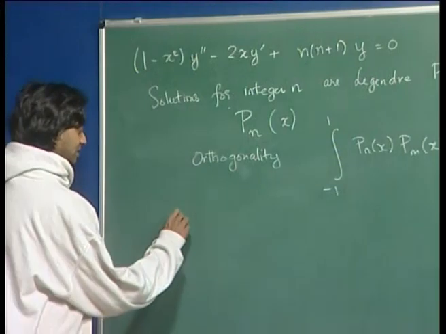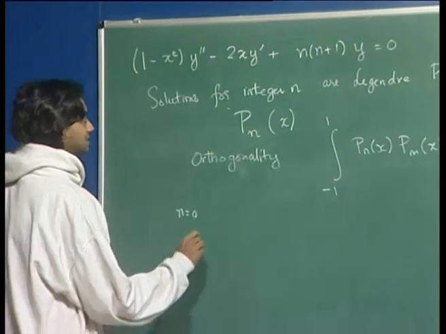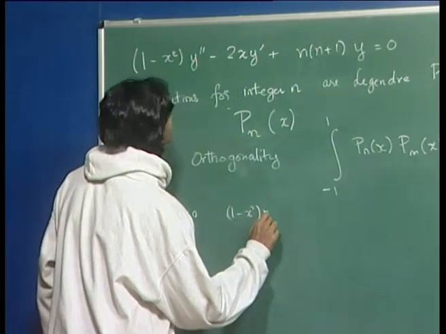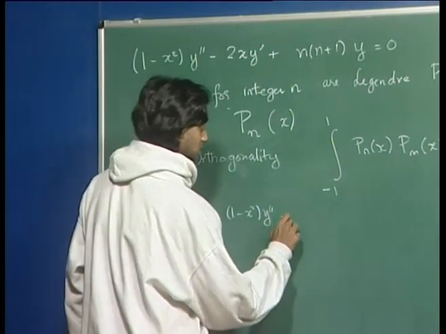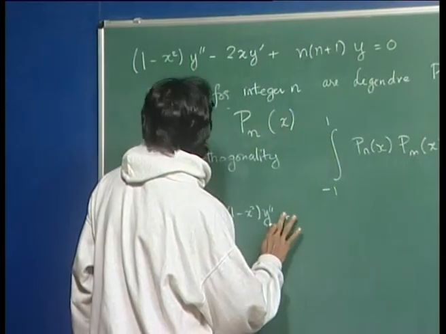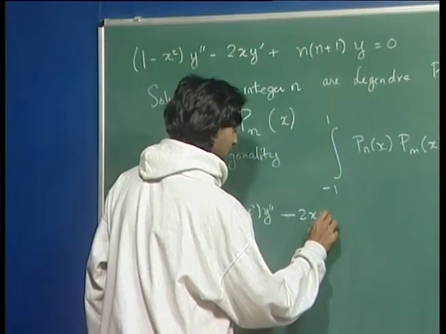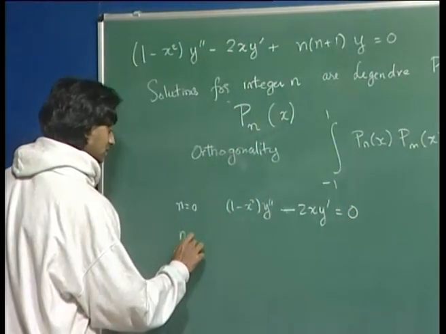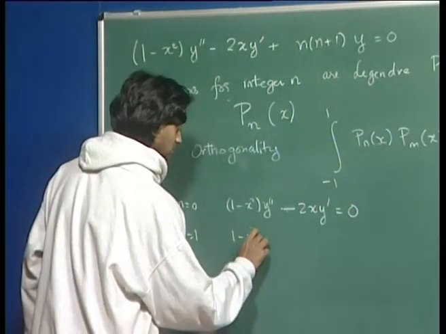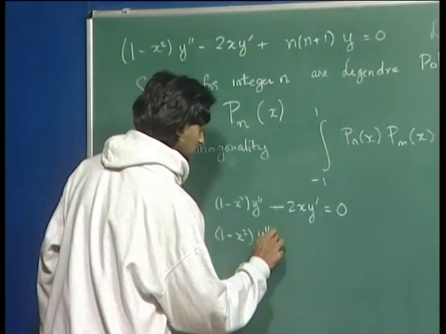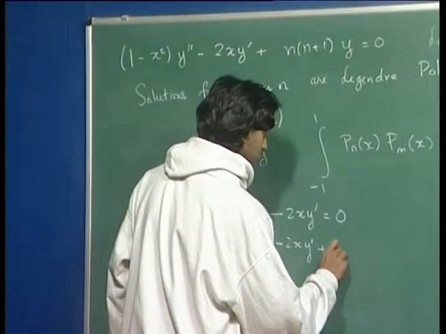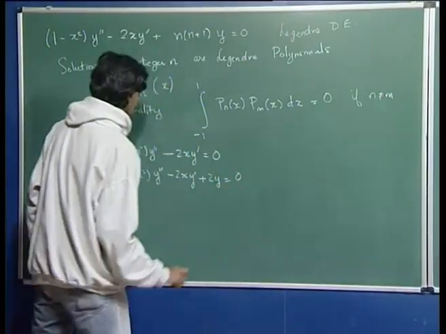For example, if n equals 0, then the differential equation becomes (1 - x²) y'' - 2x y' = 0. For n equal to 1, it becomes (1 - x²) y'' - 2x y' + 2y = 0.